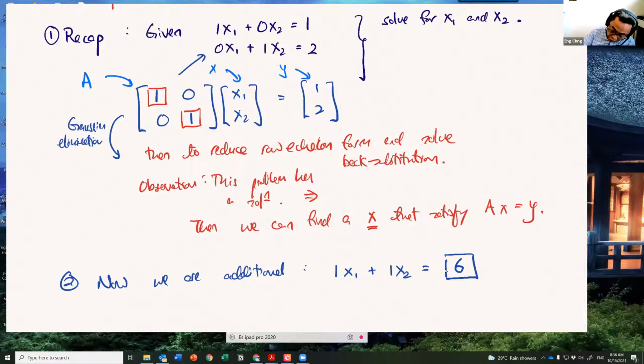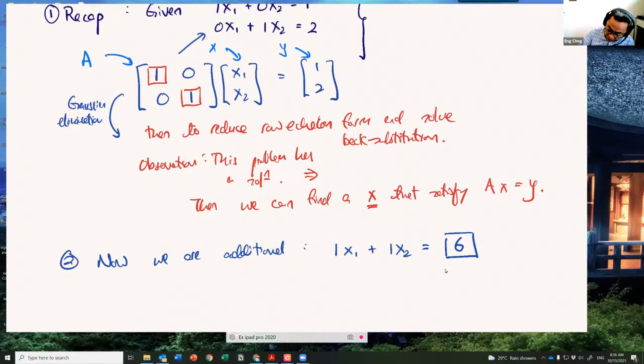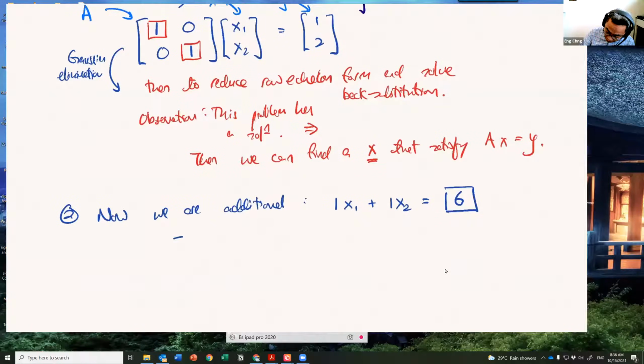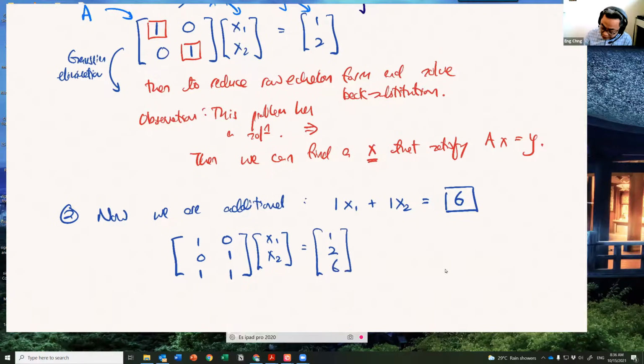So I want to change my matrix into this form now. I'm going to write it here. My original matrix is 1, 0. Second equation is 0, 1. Third equation is 1, 1. And this is still my x1 and still my x2. And my equation is still 1, 2. And my new equation given to me is 6.